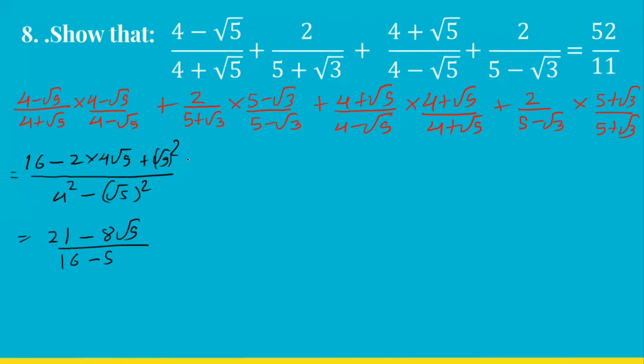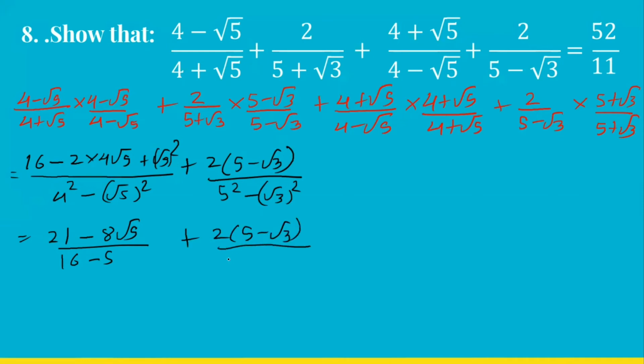So same way if I do the next part, this is going to be 2 into 5 is going to be 10. So let us keep it like that, only 2 in bracket 5 minus root 3 upon, we have a square minus b square, that is 5 square minus root 3 square. So this is going to be 2 in bracket 5 minus root 3 upon 5 square is 25 and root 3 square is 3, so 25 minus 3.